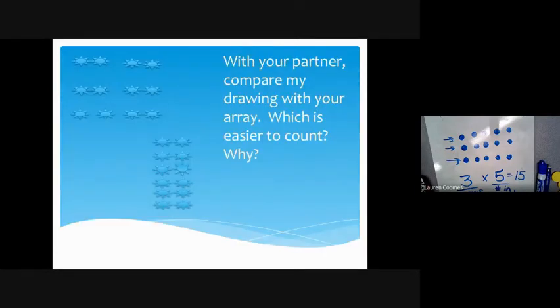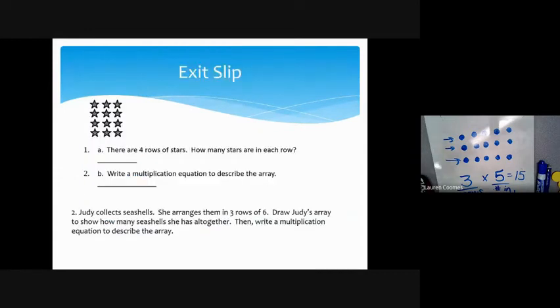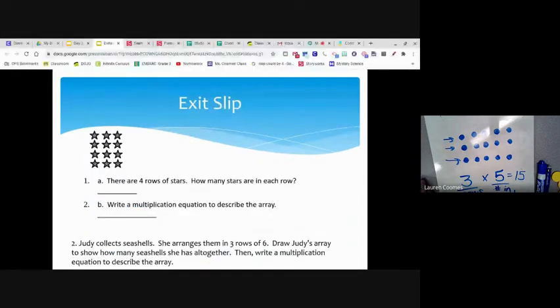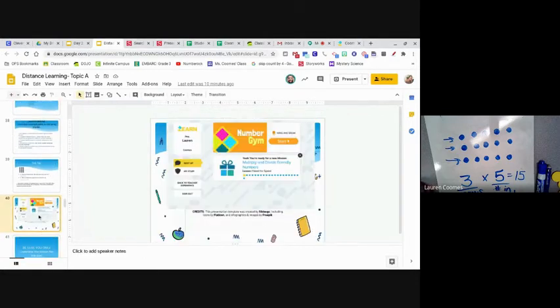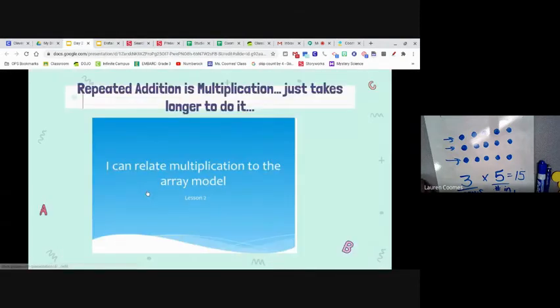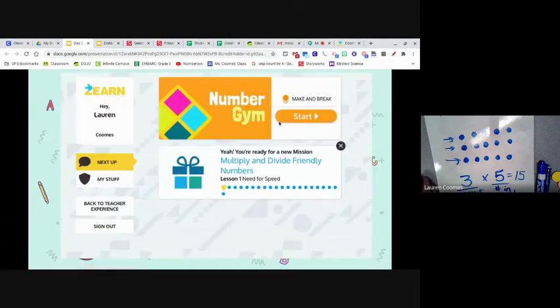You guys are going to have a Zern assignment again today. Whenever you go to your Google Classroom, you are going to make sure that you complete the entire Zern mission. Really quick, I want you all to look right here.